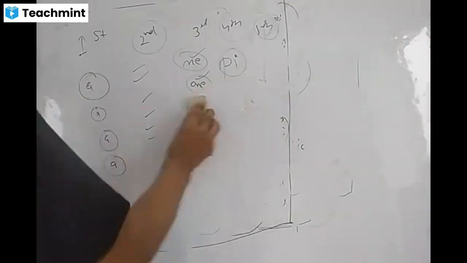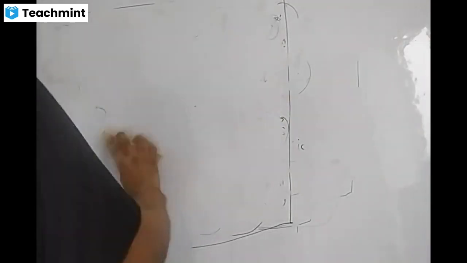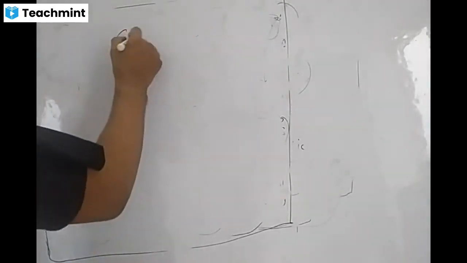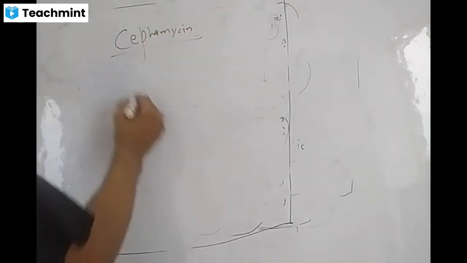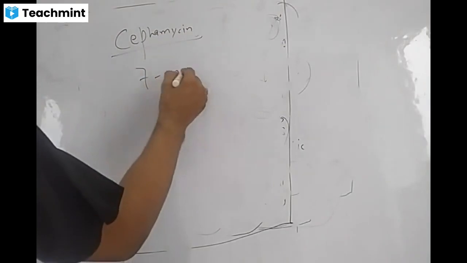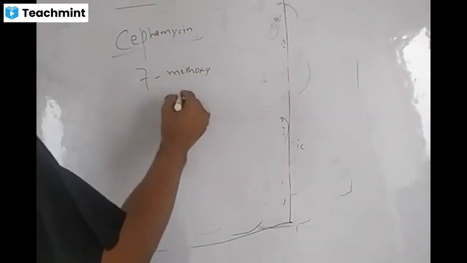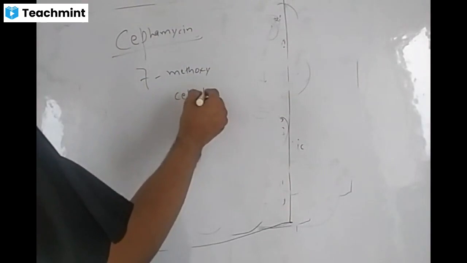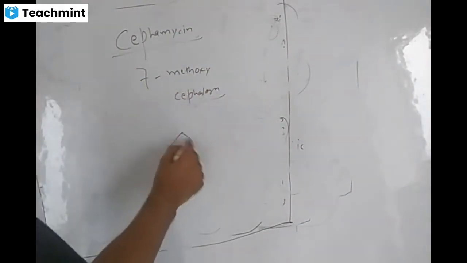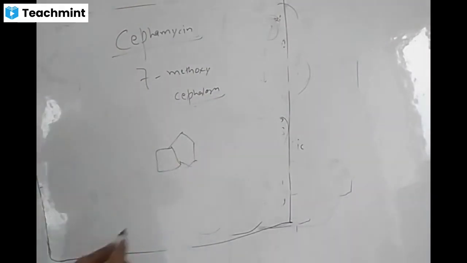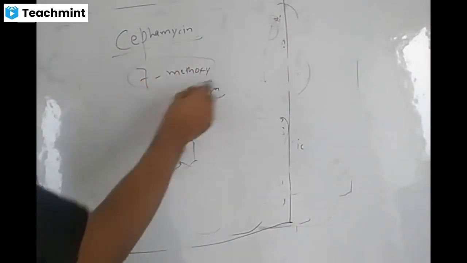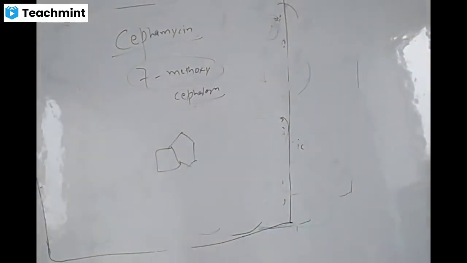There is one more term which is related with cephalosporin, that is cefamycin. This is known as 7-methoxycephalosporin. This is the cephalosporin, and at the position number 7, we add this group, that is your 7-methoxy group.